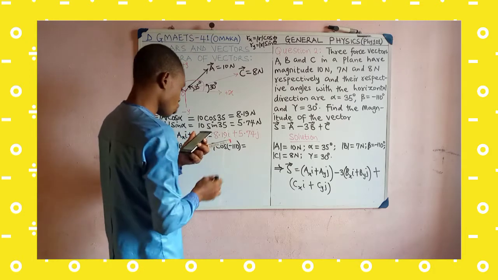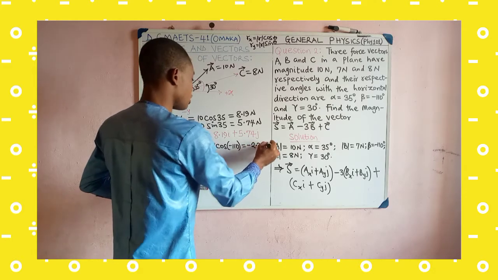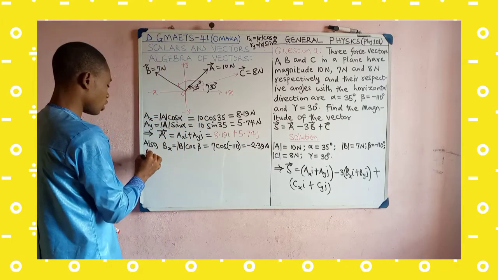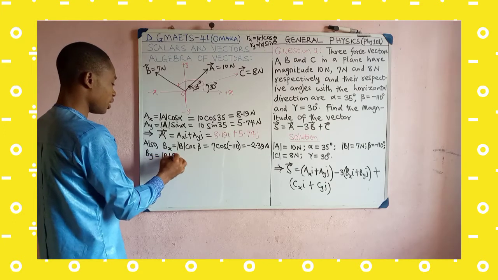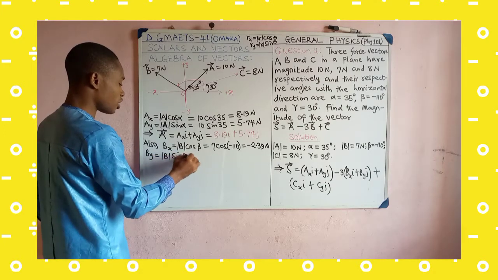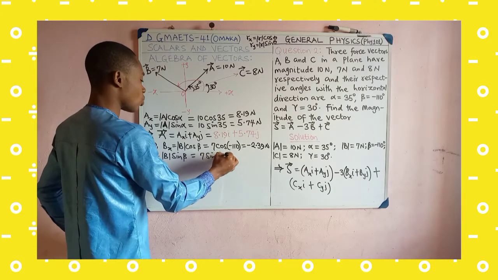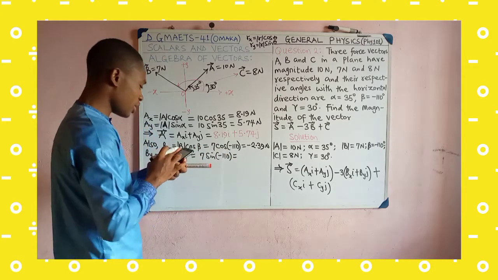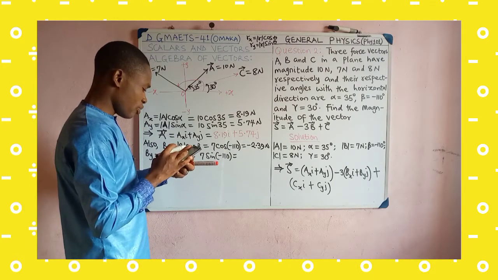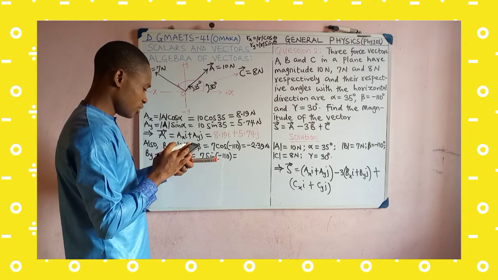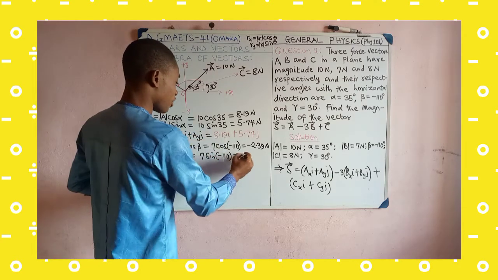That is minus 2.39 Newton. Then we obtain the y component of B, which is magnitude of B sine beta. Of course, that's going to be 7 sine minus 110. Let's work it out and see. 7 sine, open bracket, minus 110. So that's giving us minus 6.58 Newton.